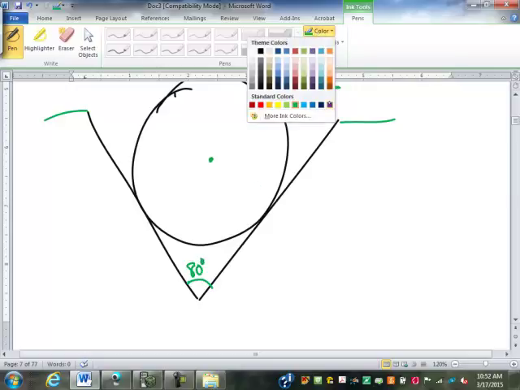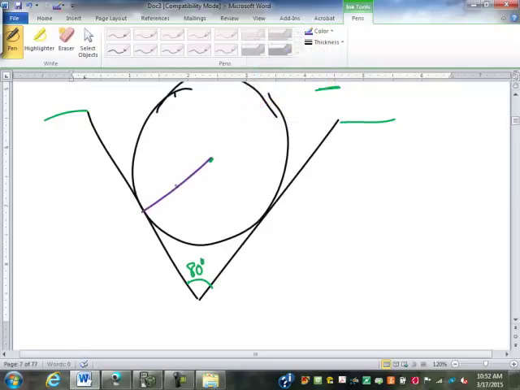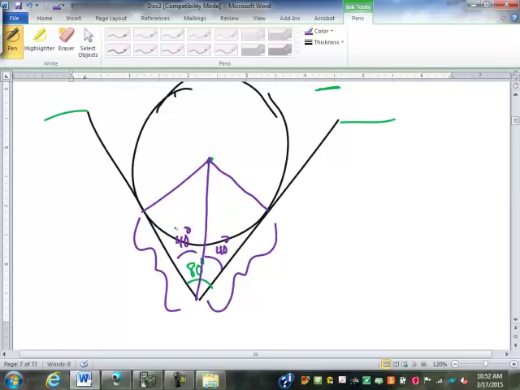What you can do is divide this up and cut it in half, because this length and this length are going to be the same. If I draw in this line, that cuts this angle into 40-degree angles, just like any other isosceles triangle.